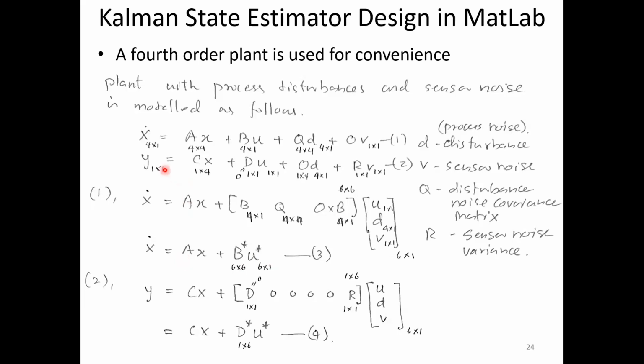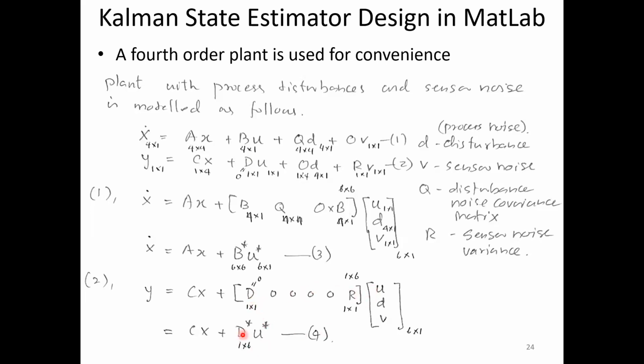Similarly, if you look at Y, you can write Y as Cx, take it as it is, but the rest, du 0d plus r v, you can write it like this, and u dv, the same vector over here, right? U star, same vector here, but take all the terms, d from here, 0 from here, r from here, and fill this vector over here. This is a matrix, right?